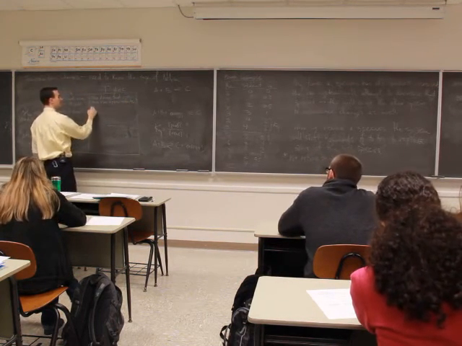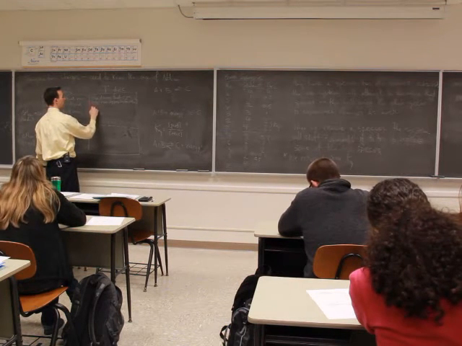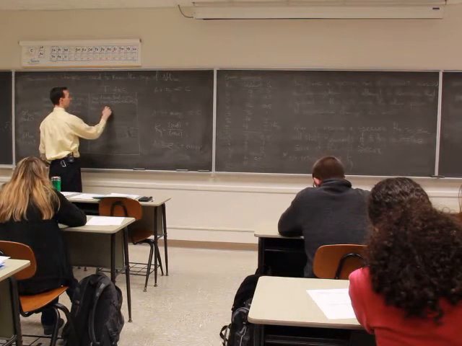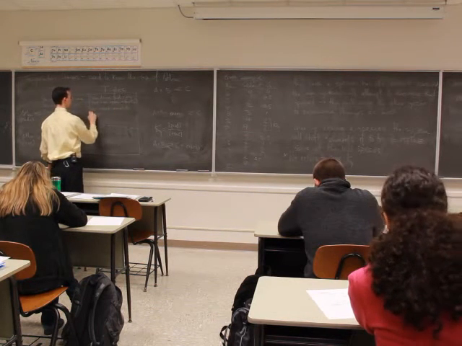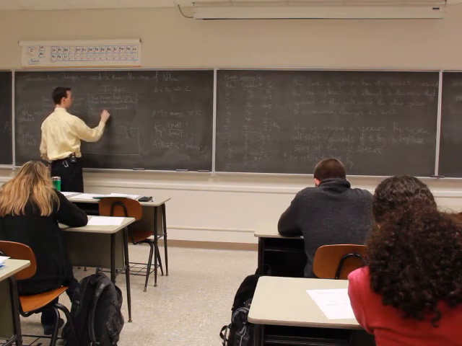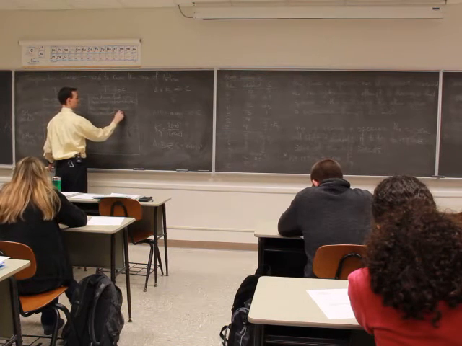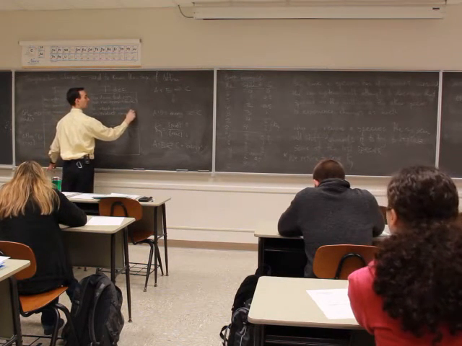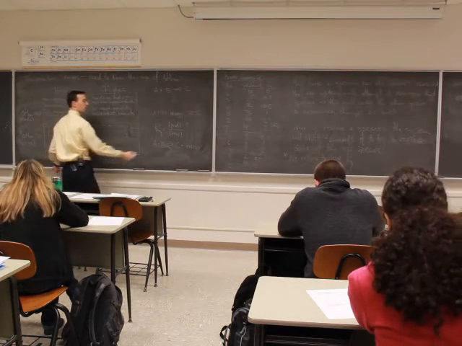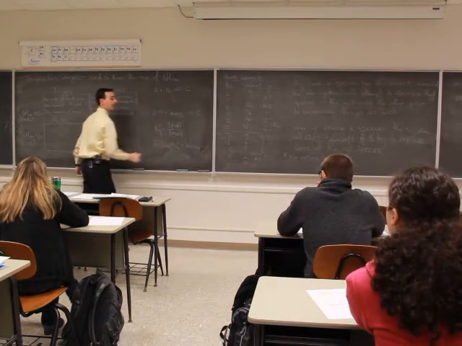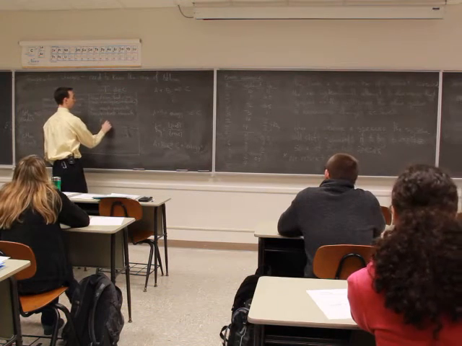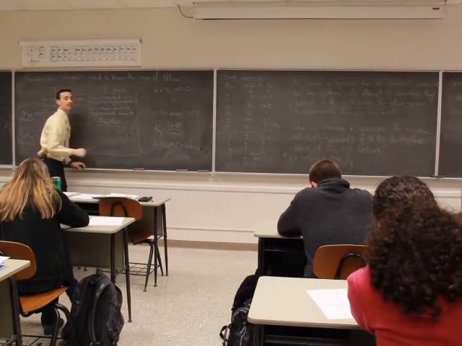What does that mean? That means that we're going to end up increasing the reactant amounts and decreasing the product amounts. So now our numerator gets smaller and our denominator gets bigger, so our equilibrium constant decreases.